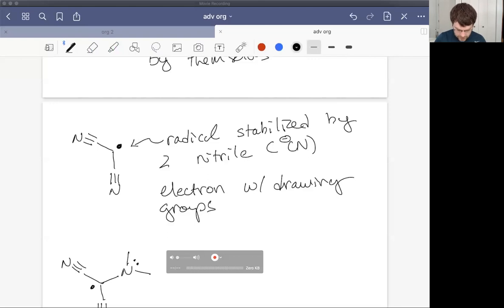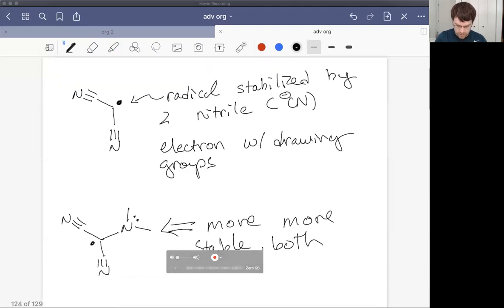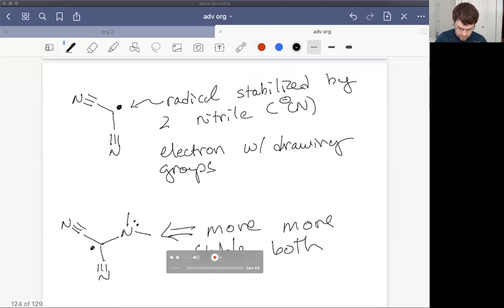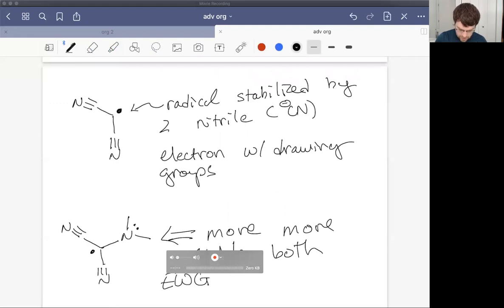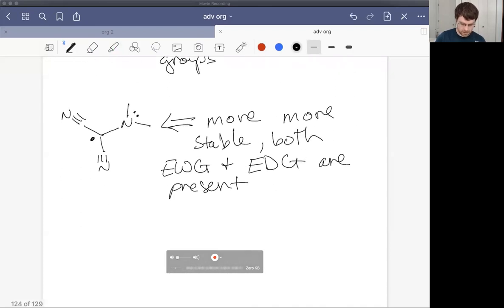We are going to get enhanced stability, much more stable, because we have both electron withdrawing and donating groups present. All right. So I just wanted to mention that in the context of the captodative effect.